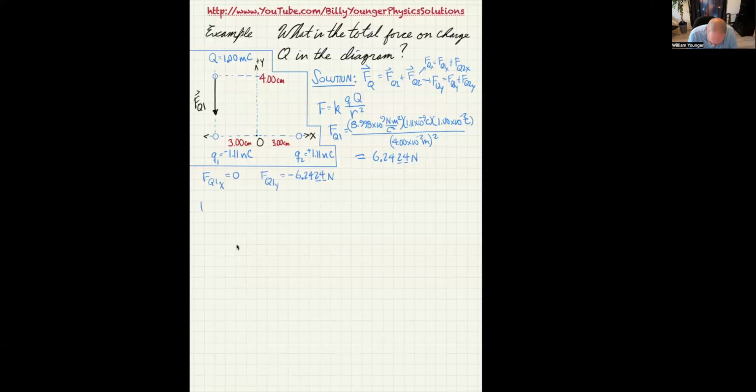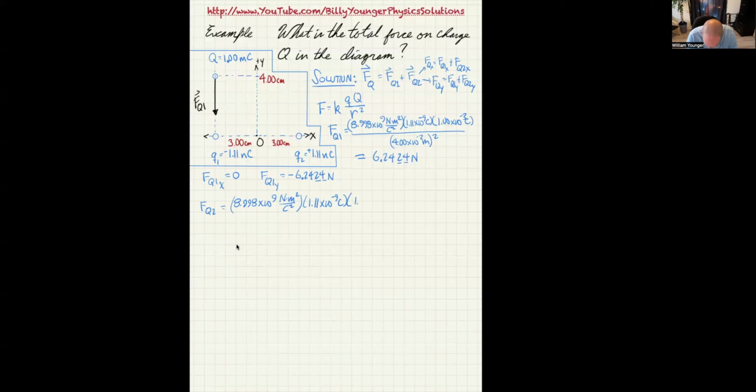Now we're going to go ahead and calculate FQ2, and that's going to be 8.998 times 10 to the ninth newtons meters squared per coulomb squared, times the lowercase q, which is 1.11 times 10 to the negative 9 coulombs, because it's nanocoulombs.